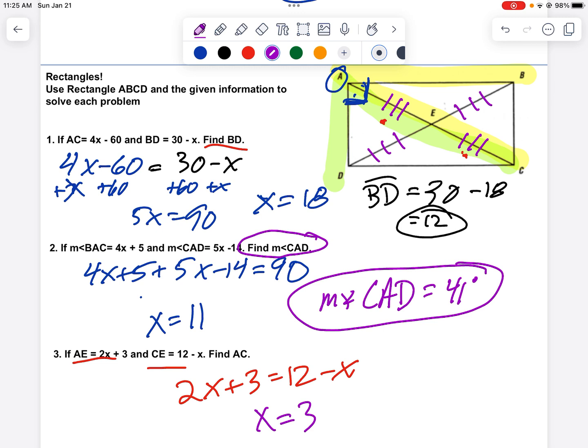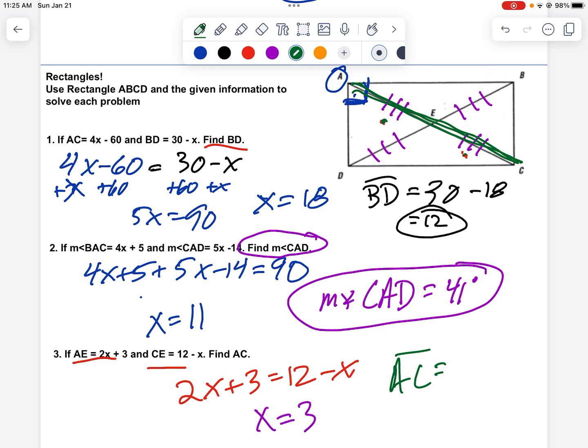But it asks you to find AC. AC is this entire segment here, the entire diagonal. But I only have an equation for each piece. So I can do this two different ways. I can plug x into both and just add it together.